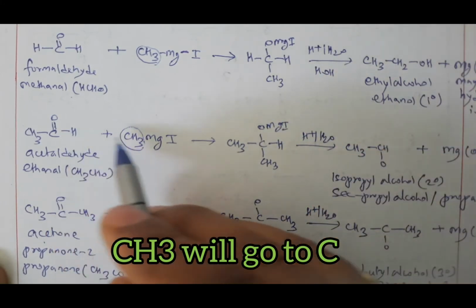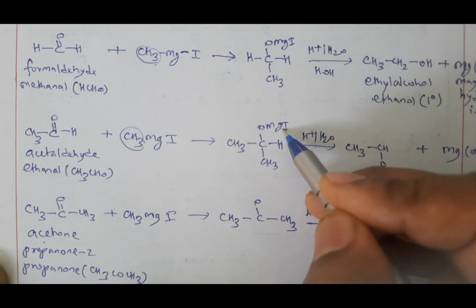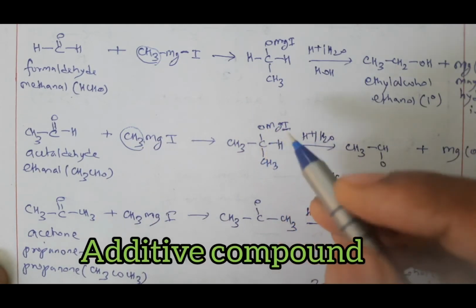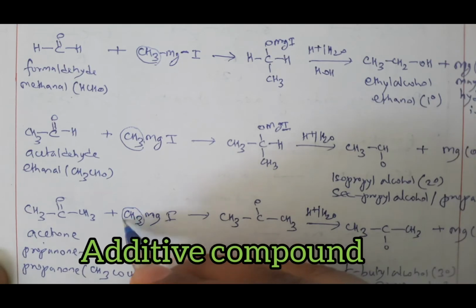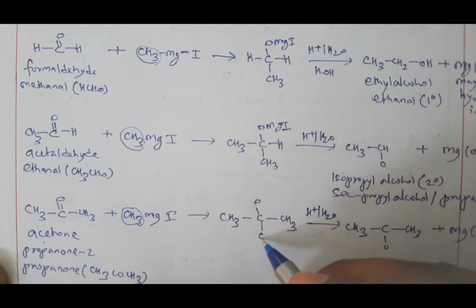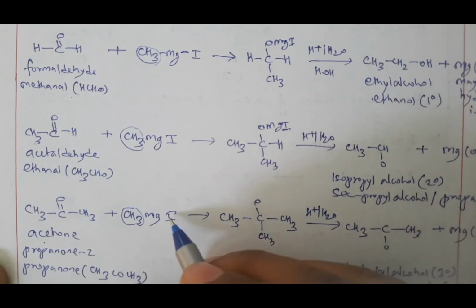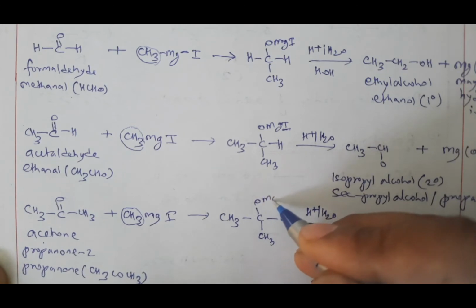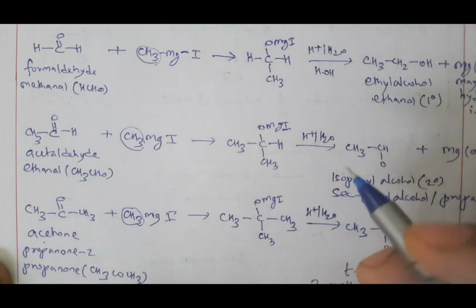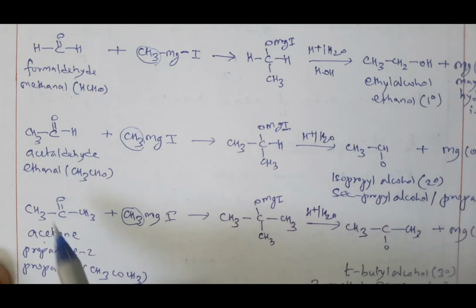So two compounds are fused together to give you one. Therefore this compound is called an additive compound. Here also CH3 will go to C, and the remaining part will go to O, and we get an additive compound in all three cases. So we reacted aldehyde and ketone with Grignard reagent, and we got an additive compound.